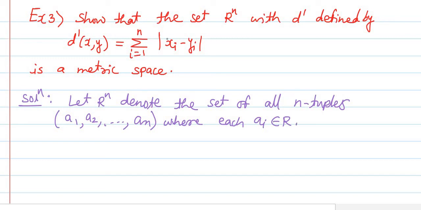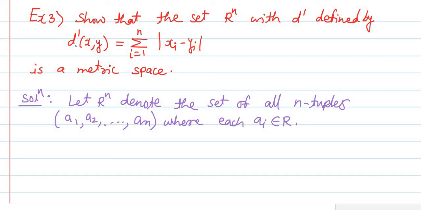Okay, the d dash function is already given here in the question. So now obviously, as earlier, to show that this is a metric space, we have to show that d dash is a metric, and to show that d dash is a metric, we have to show that it satisfies all four conditions, and out of those, the first three can be checked orally also. So we'll check the first three conditions orally.